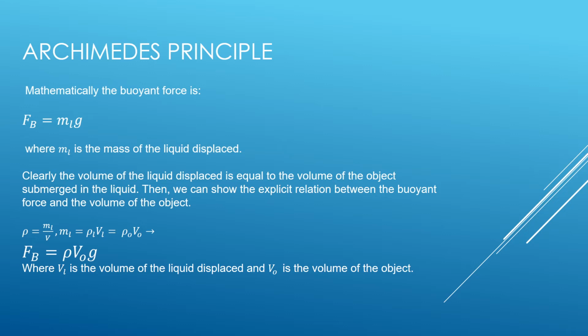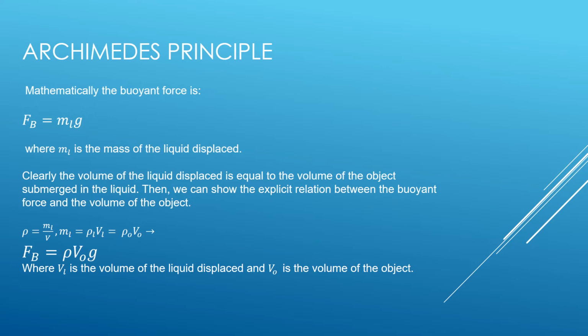So the first part there, rho equals m_L over V. So the density equals the mass of the liquid divided by the volume, or you could say that m_L equals the density of the liquid times the volume of the liquid displaced.